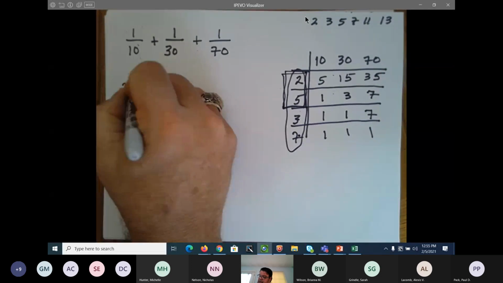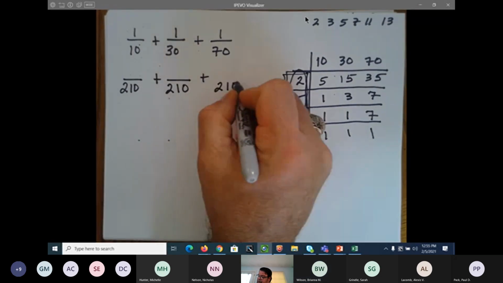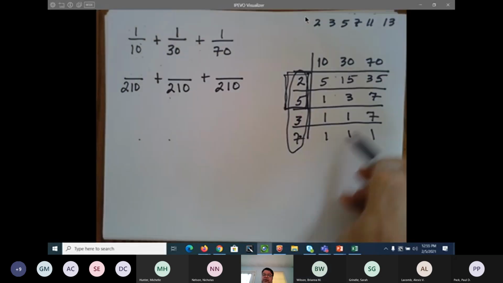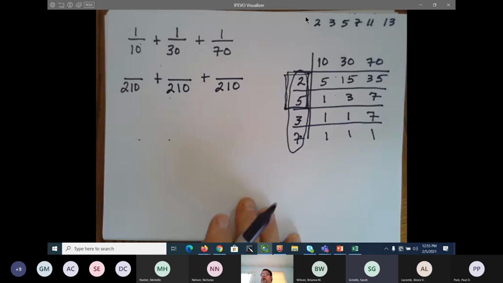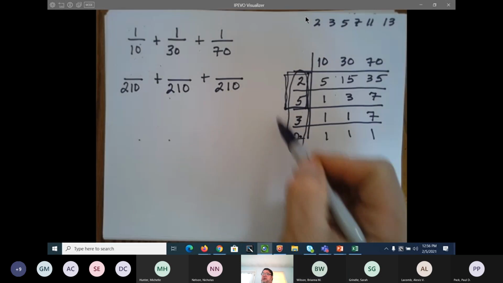And I guarantee you there's a lot of people in here right now that would not have ever gotten the common denominator if they hadn't done this. Now, a lot of you, oh, we'll take 30 times 70. No, 30 times 70 is 2100. And multiply that by 10, you get 21,000. So it pays off to know how to do this right here.